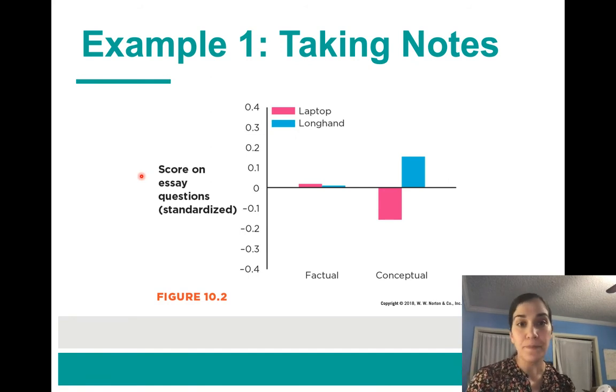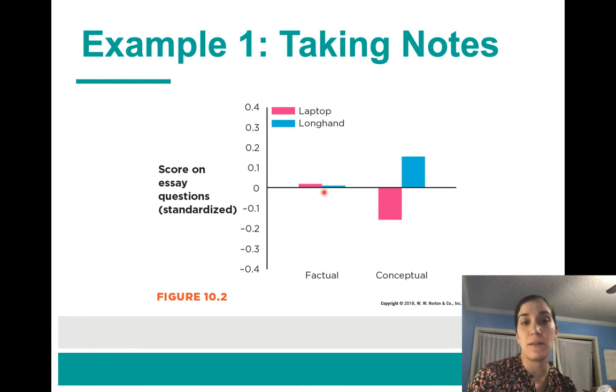Old school. And then they gave them a series of tests that had factual information and conceptual information in the test. And then their dependent variable, the thing that they measured, was the score on their essay questions, which were standardized.